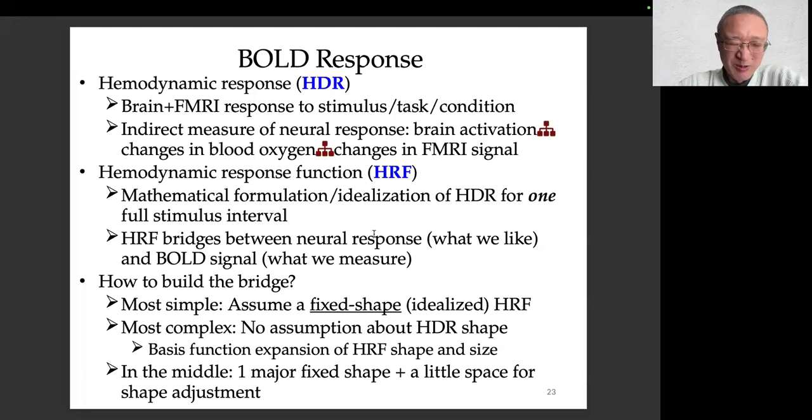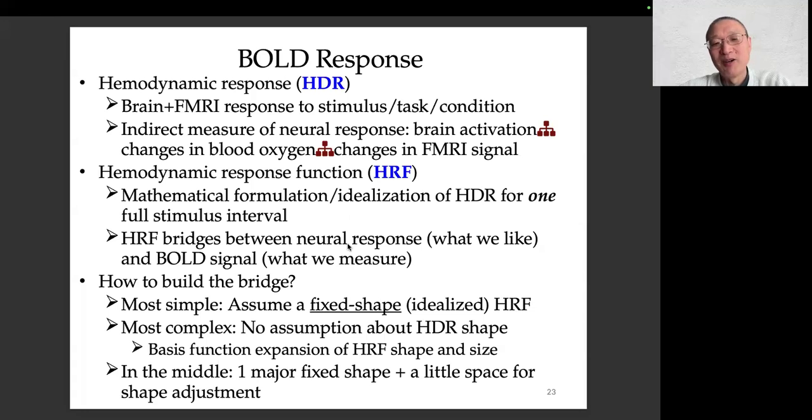Technically we mean it's instantaneous without any duration, but practically we say it's a short period of time for each stimulus or each trial. So the hemodynamic response function is the mathematical characterization of the hemodynamic response to that idealized stimulus.